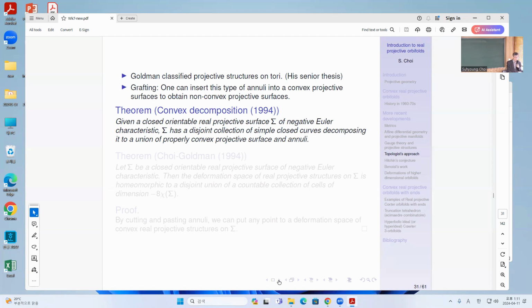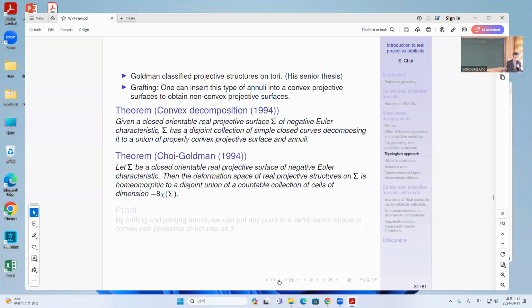So that's a theorem that I proved. And our theorem is that if you have a closed orientable real projective surface of negative Euler characteristic, then the deformation space is going to be a countable disjoint union of cells of dimension minus chi of sigma.